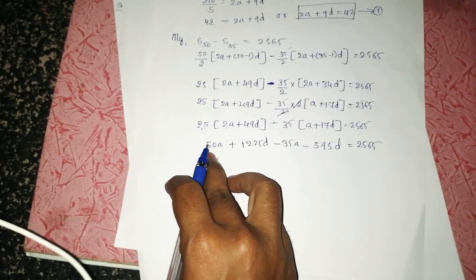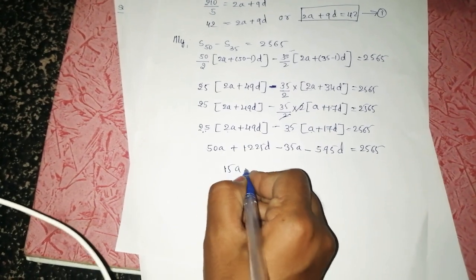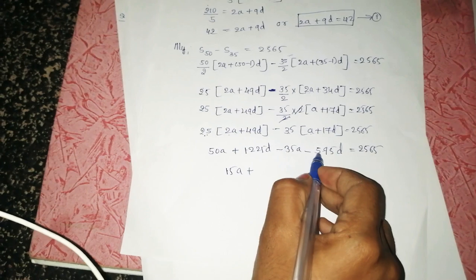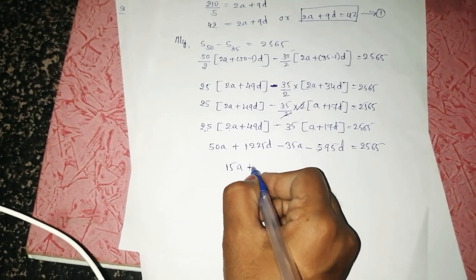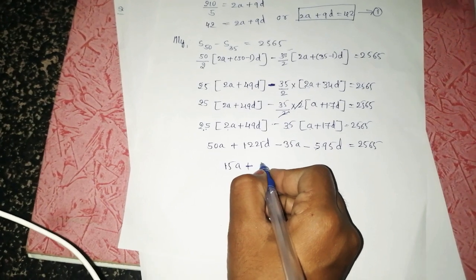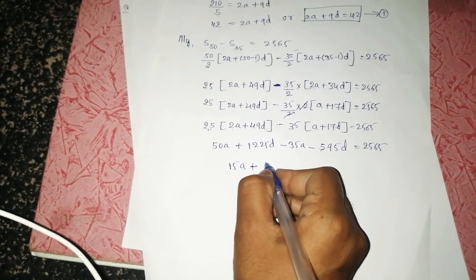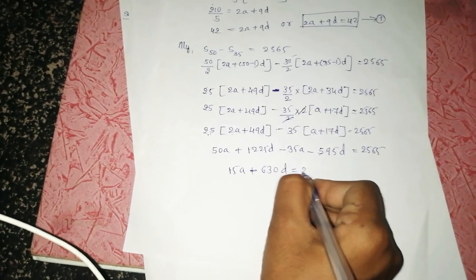Again here 50a minus 35a is 15a, plus 1225d minus 595d is 630d, that is plus 630d is equal to 2565.